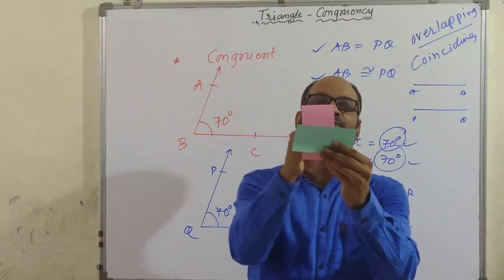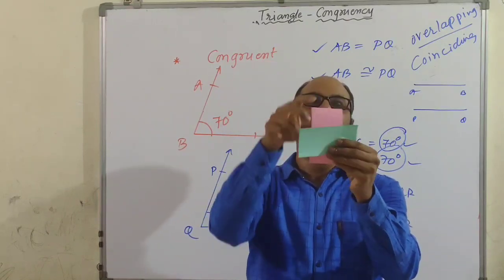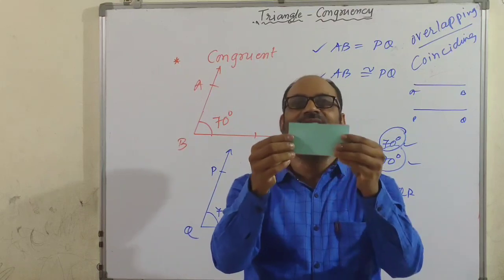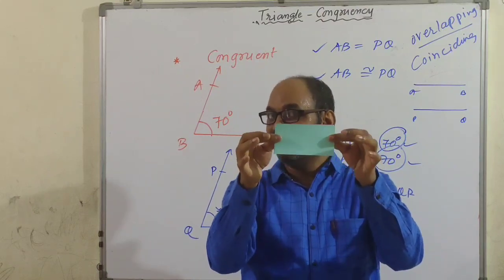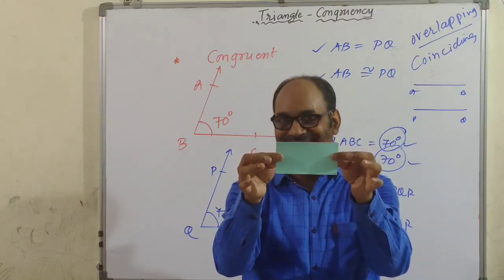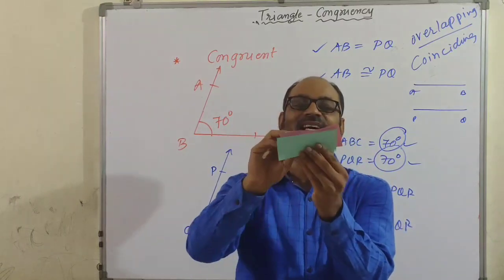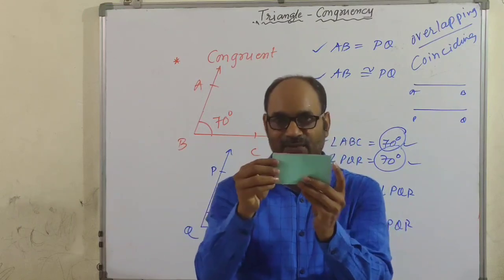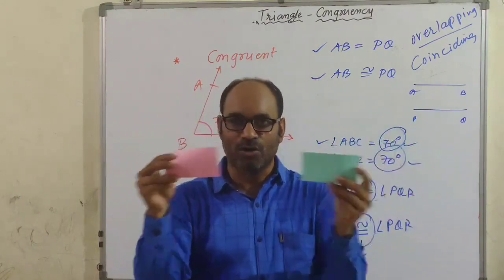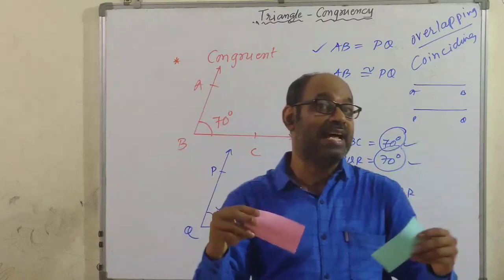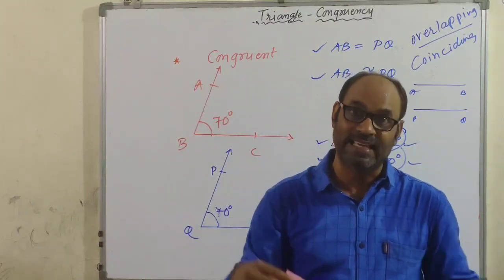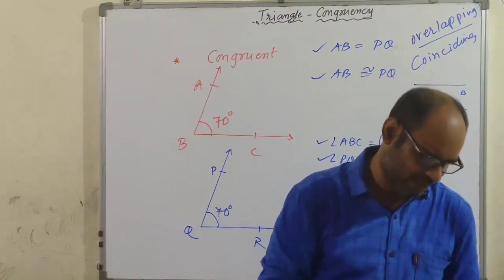I turn it: fifth, sixth, seventh, and eighth. Well, out of 8, 4 correspondences are congruent and 4 are not. Here you cannot say they are overlapping. Yes, now they are overlapping. Anyway, these two rectangles are congruent because their lengths and breadths are equal. Okay, their measures are equal.